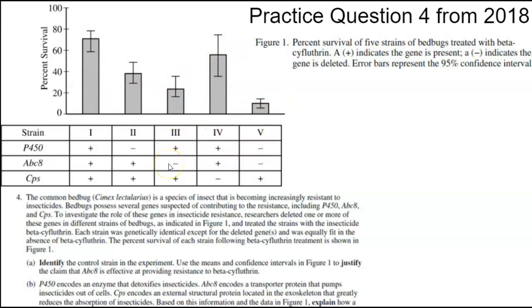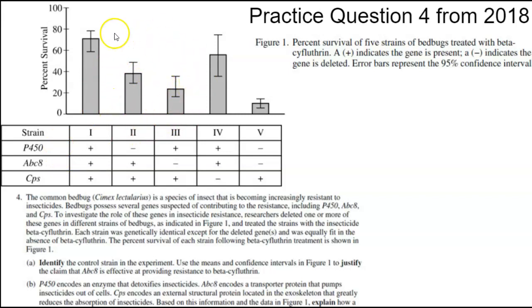I do have a small problem with that, because as you can see, in strain 3, where APC8 is inactive, the mean is lower. However, the error bar does overlap with strain 2. So it actually seems that both APC8 and P450 really impact the survival rate of the bed bugs.